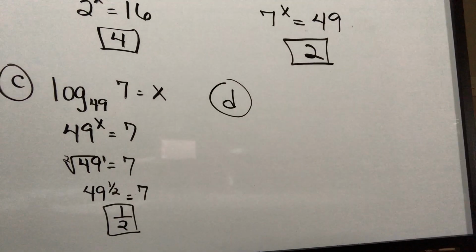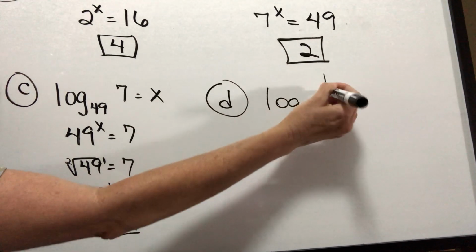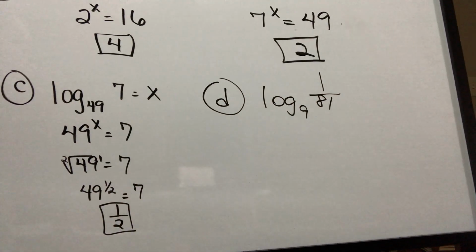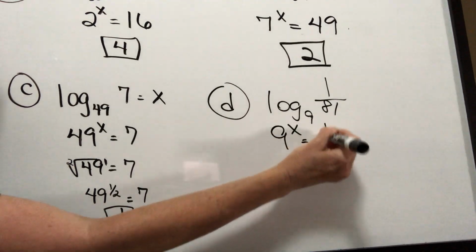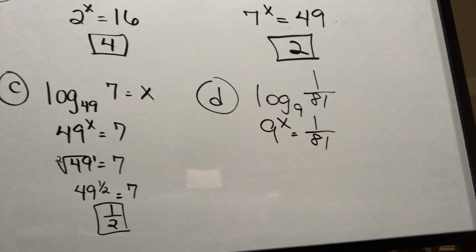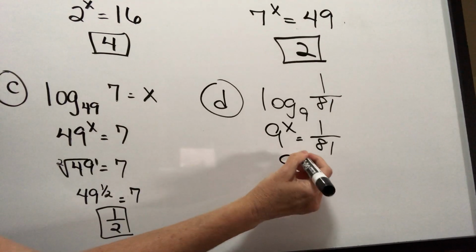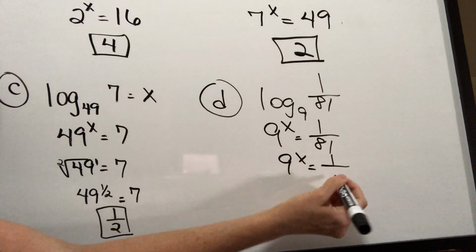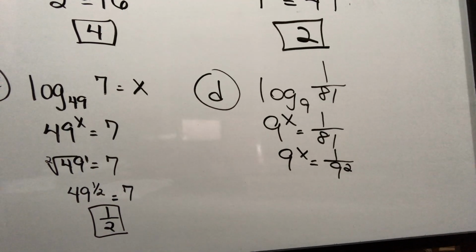Okay, so D, we have log base 9 of a fraction, 1 over 81. So we have to think, 9 raised to what power will be 1 over 81? Well, how are 9 and 81 related? 1 over 81 would be the same thing as 1 over 9 squared.